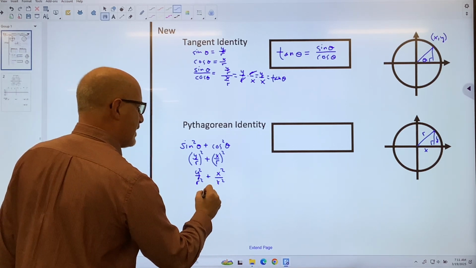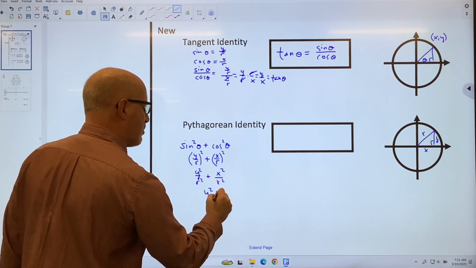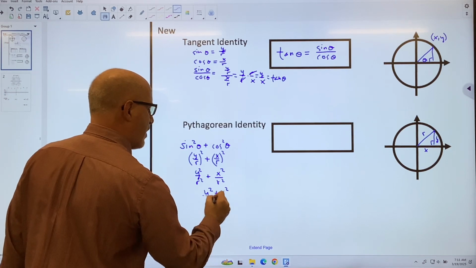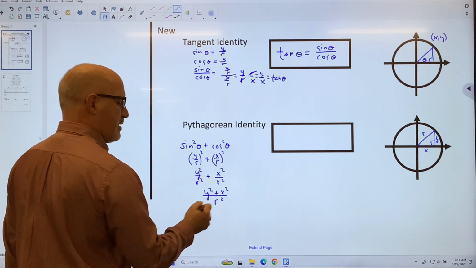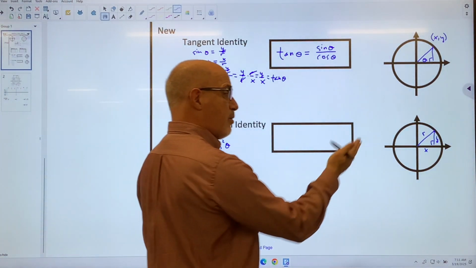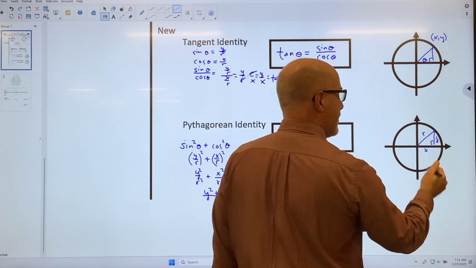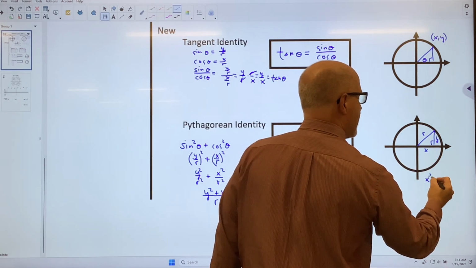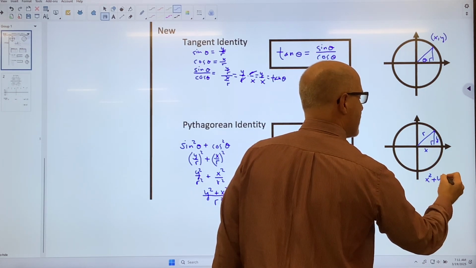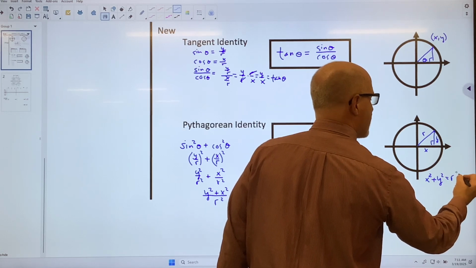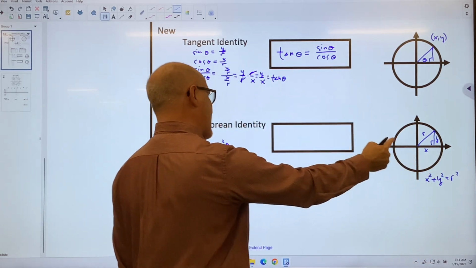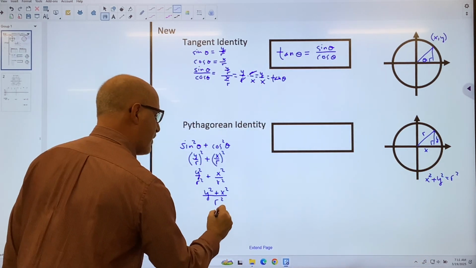Now we've got a common denominator, so we can say y squared plus x squared over r squared. Now you might say, what difference does that make? Well, look back at this triangle. The Pythagorean theorem tells us that x squared plus y squared is equal to r squared. So I can substitute r squared for this.